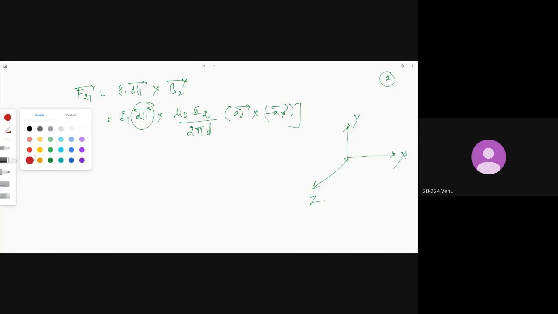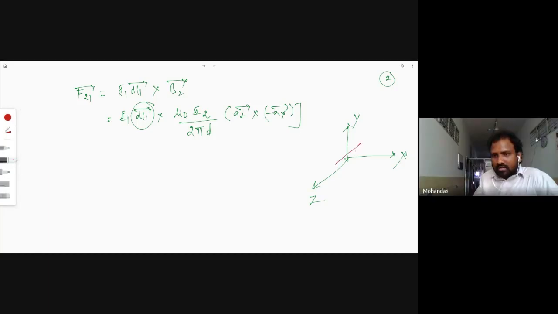Conductor 1. Conductor 1 is placed like this. Conductor 2 is placed like this. So what is the differential length dl1 here? As given, the length is L1 directly. So dl1 equal to L1 into, it is carrying current in which direction?